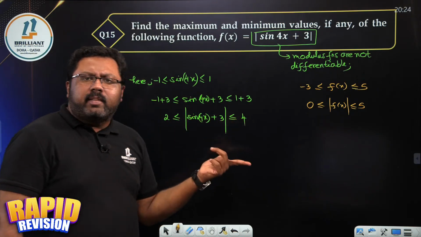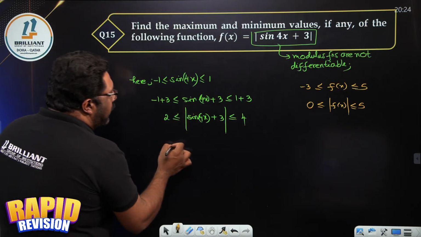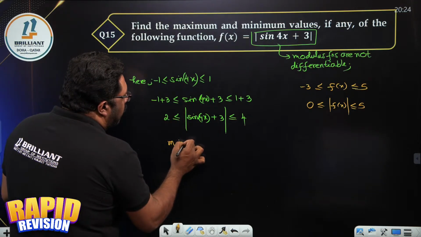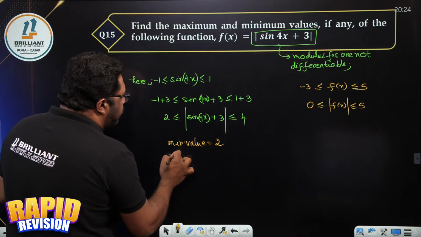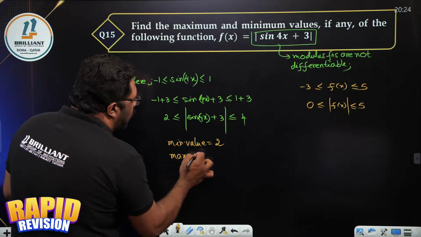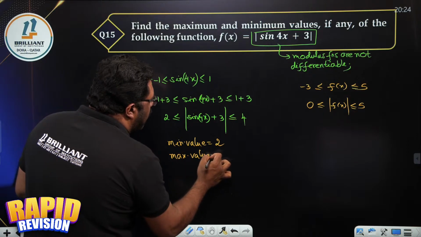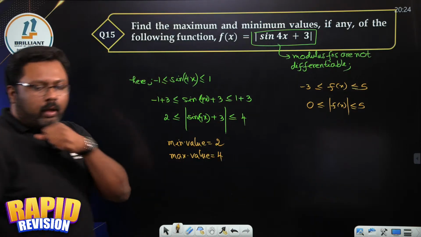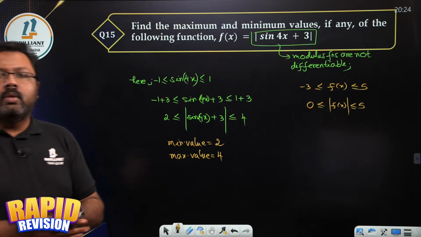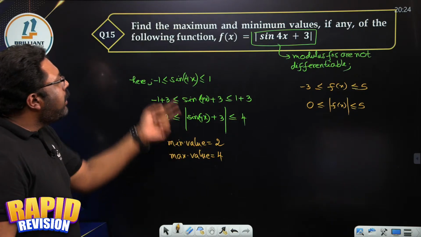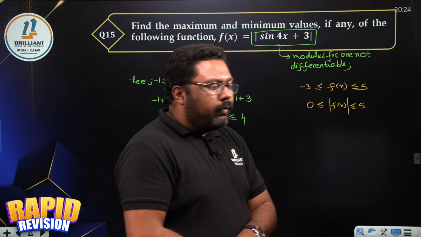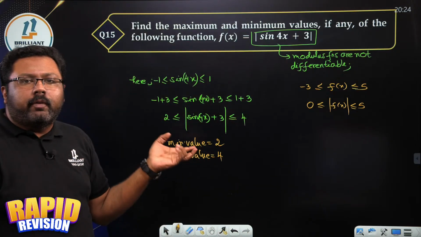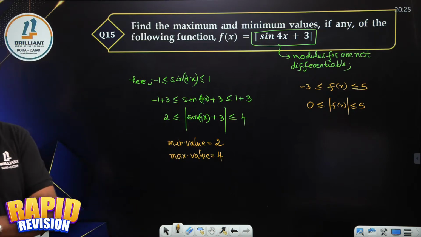Here, there is no negative side to neglect, so we know that the minimum value you can get for this modulus is 2, and the maximum value you can get for the modulus is 4. 2 and 4. Keep in mind, good question for 2 marks. Right answer, Prapti. Very good. So we got a minimum value of 2 and a maximum value of 4.